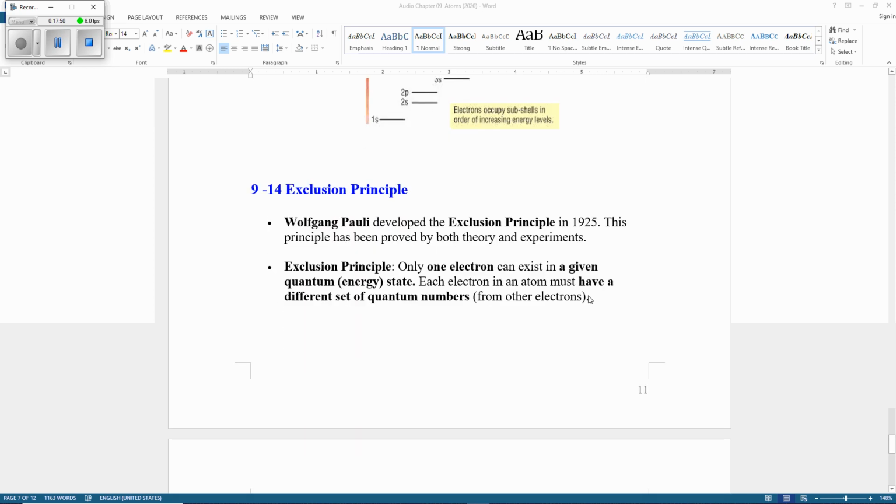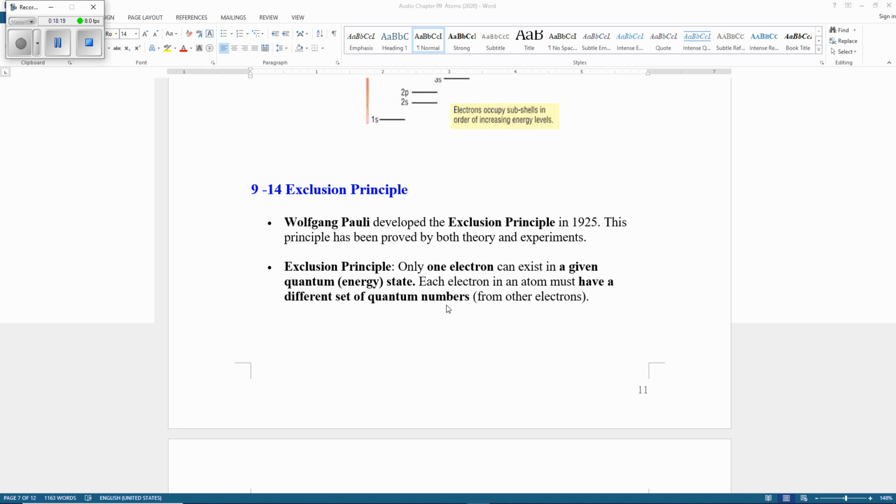Last section, we're going to study what we call the exclusion principle. This scientist named Pauli was the first one to tell us only one electron can exist in a given quantum state. That means each electron in an atom must have a different set of quantum numbers.